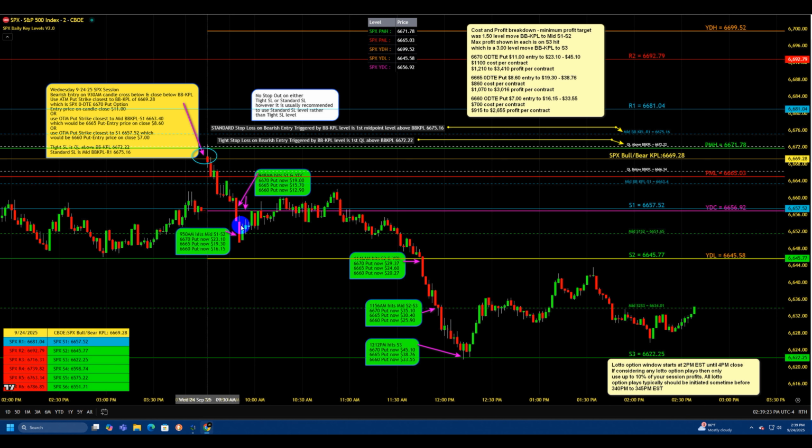So in this case, if we're looking for a further move down, at this point we would either exit all of our contracts here 100%, or if you prefer to see if you can continue to move down to a full 2 level move, 2.5 level move, a full 3 level move or greater, then you would adjust your stop loss on your contracts at this time at the 1.5 level move.